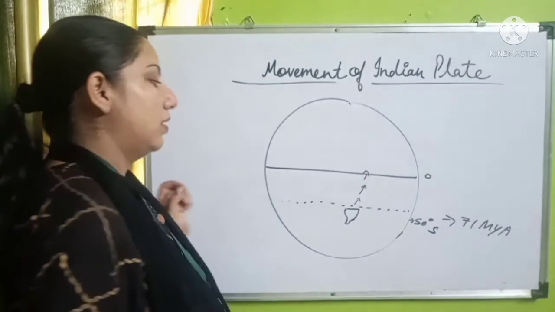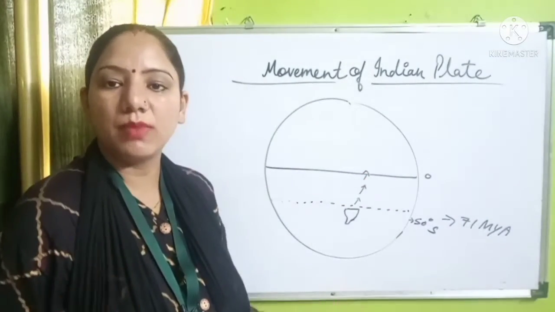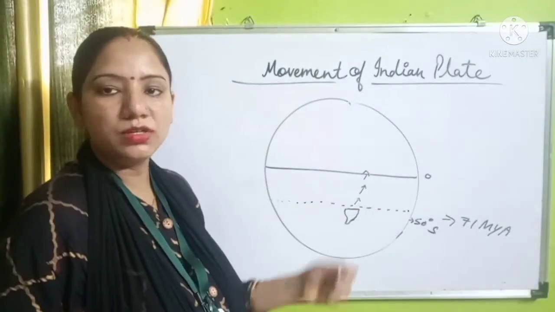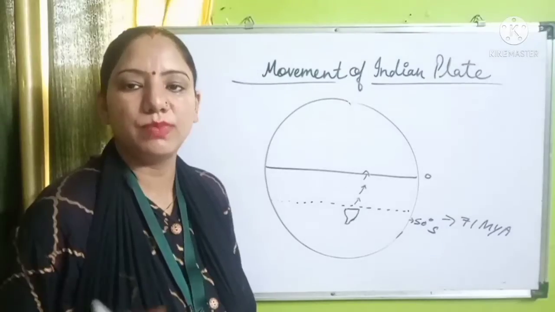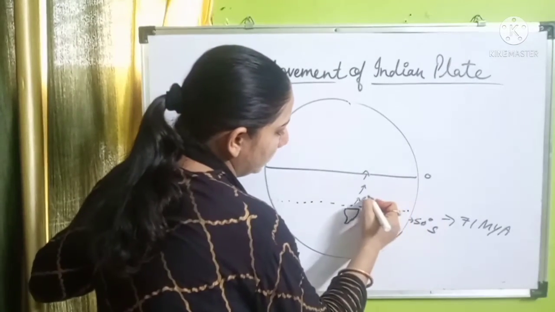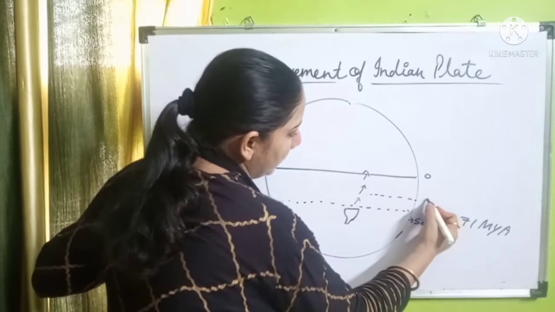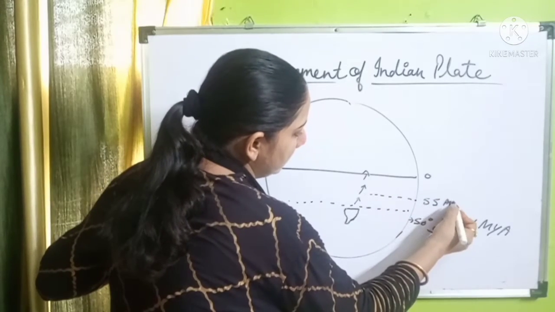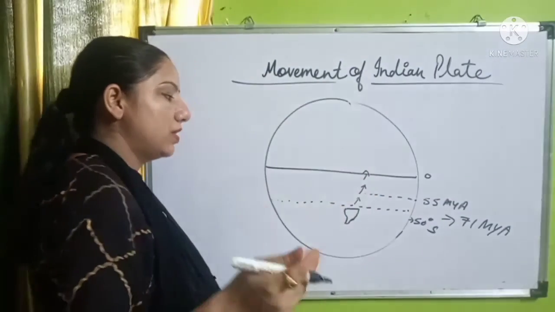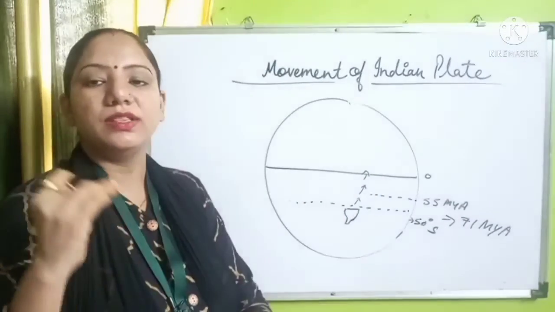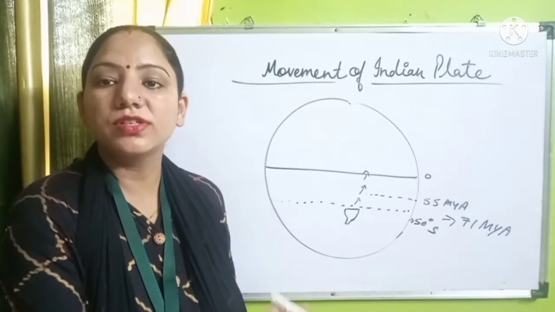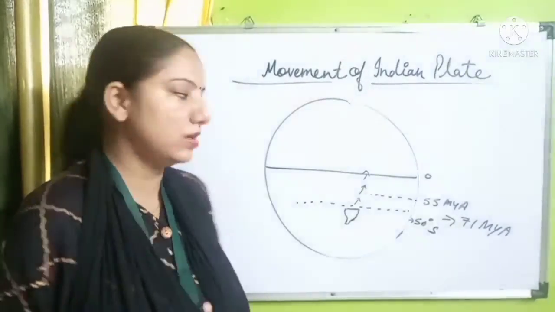A lot of time was taken by the Indian plate to shift to the northern portion and merge with the Eurasian plate. Around 55 million years ago it shifted to the northern portion, and the sea started to disappear during that time and was converted into the Indian Ocean.